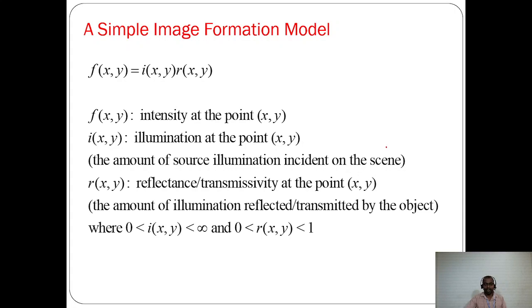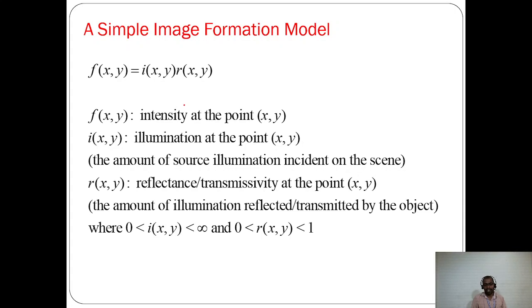Here f of x comma y is the intensity at the point x comma y. i is the illumination and r is the reflection. Illumination is how much light is received by the camera, and reflection is how much is reflected from the particular object.